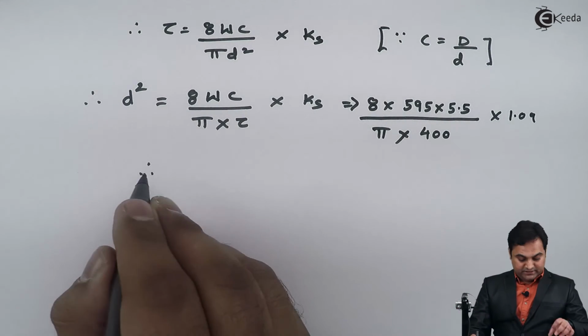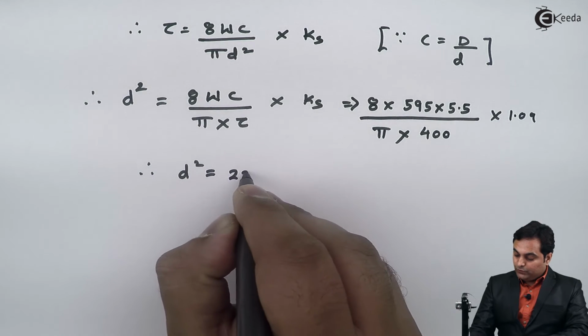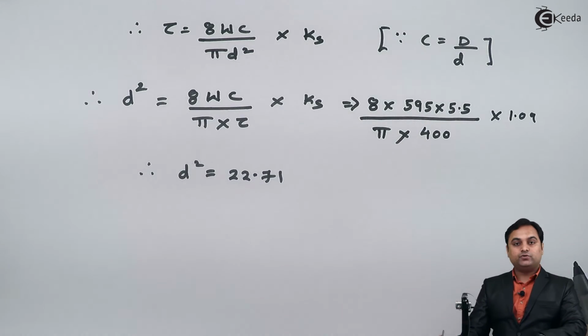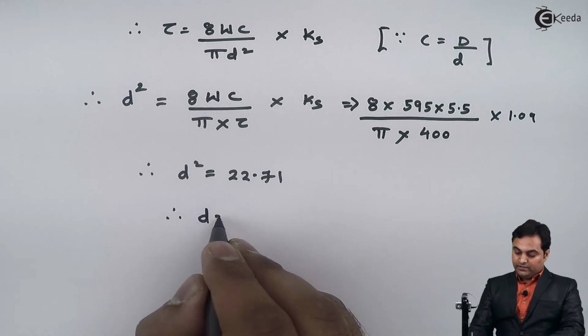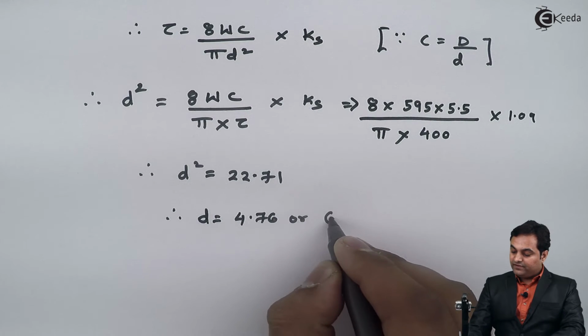So from this, first I'll get the value of d square. D square comes out to be 22.71, and if I take the square root, I'll get the answer of D, and my answer is 4.76, or I can say 6 mm.